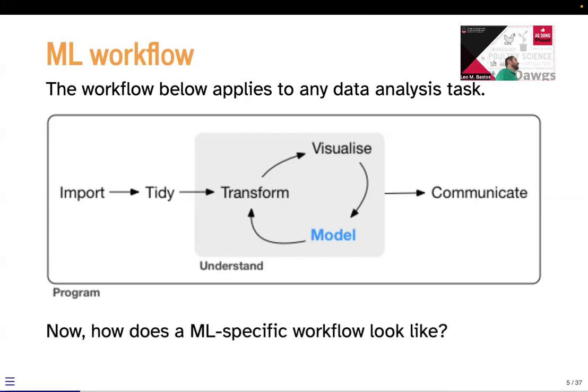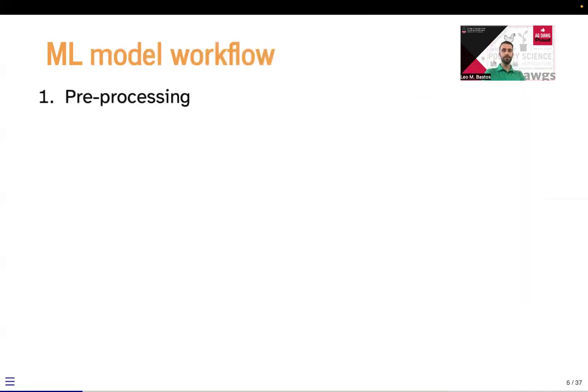But now, what does a machine learning specific workflow look like if we take this template and expand it into a machine learning situation? A machine learning workflow can be more or less complex than this, but in general terms, it's going to have three main pieces.